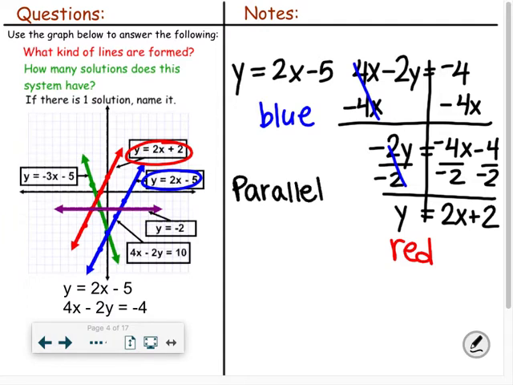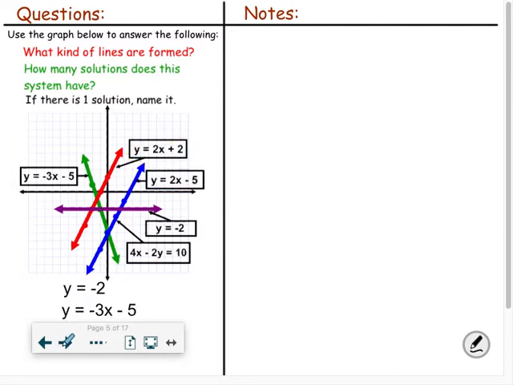They have the same slope, but they have a different intercept. They don't ever cross, so that means that there's no solution, because the solution is the point that's a solution to both lines. So it's like where the lines intersect, that ordered pair that's on both lines, and there aren't any because they don't cross.